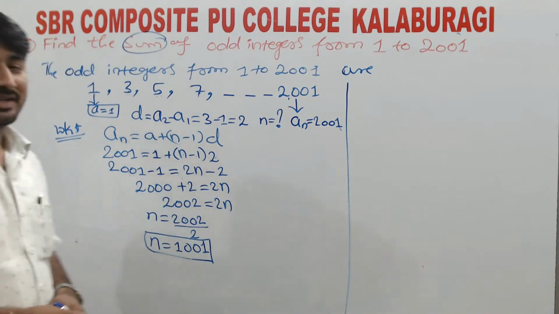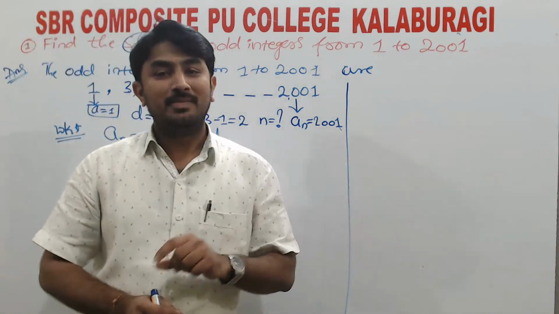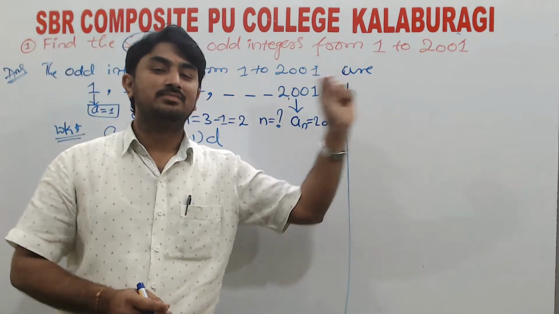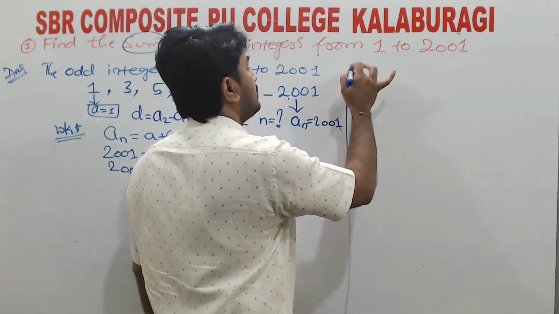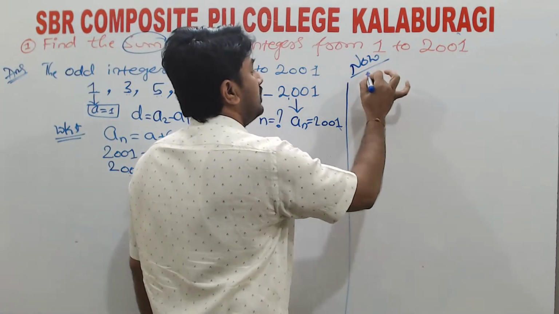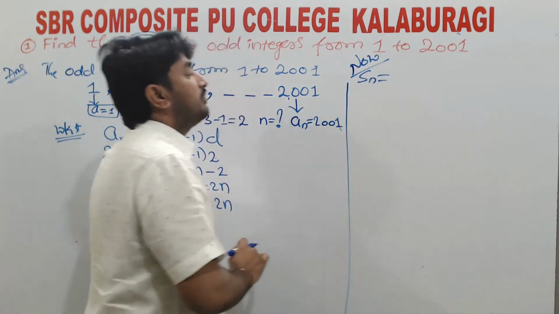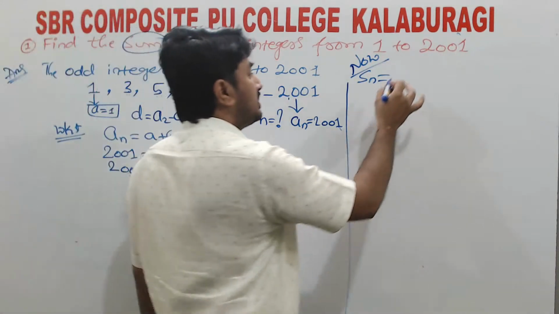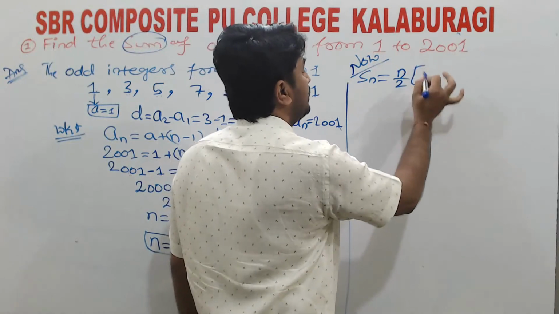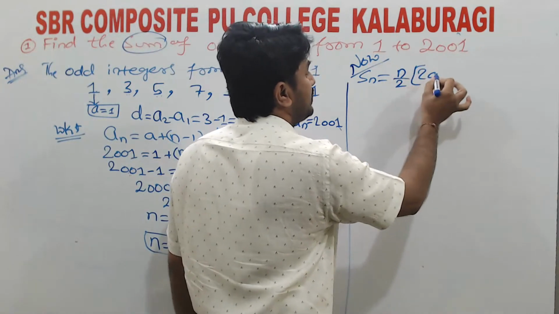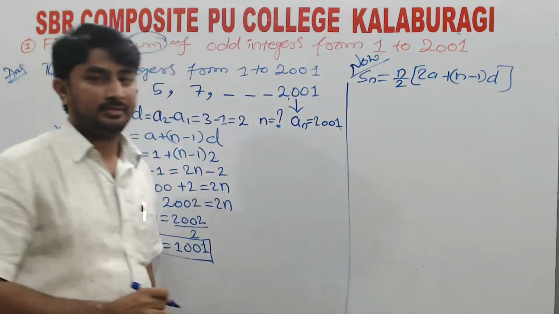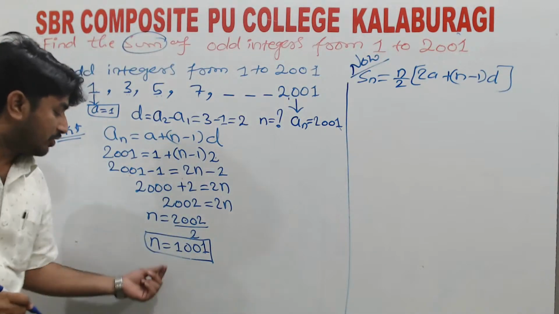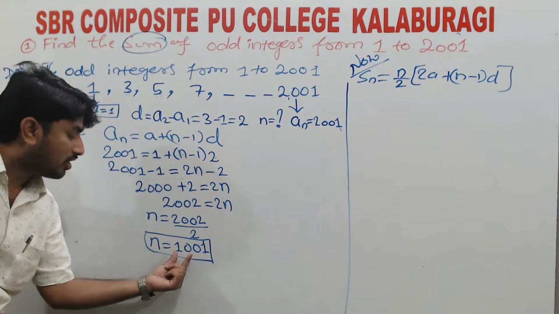We have to find Sn, the sum of the odd integer terms. We already know the formula: the sum of n terms is Sn equals n by 2 into 2a plus n minus 1 into d. I want the sum of a total of 1001 odd integers.